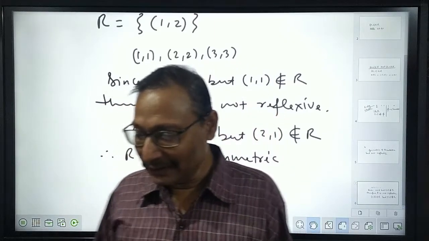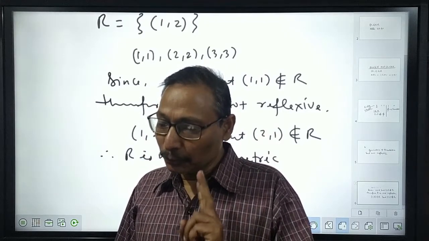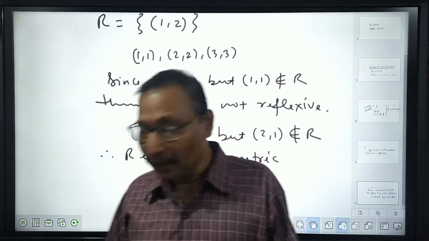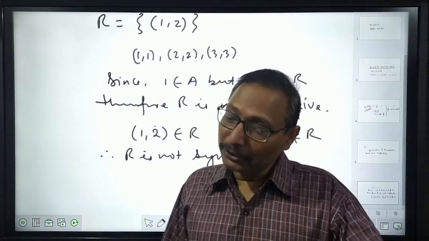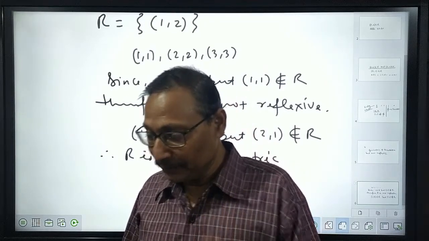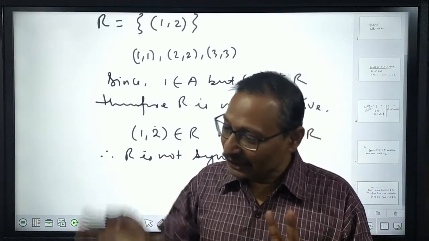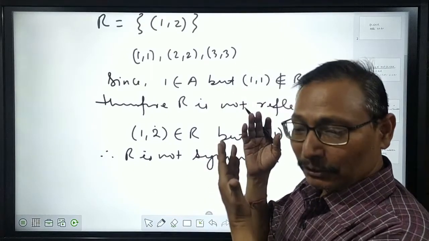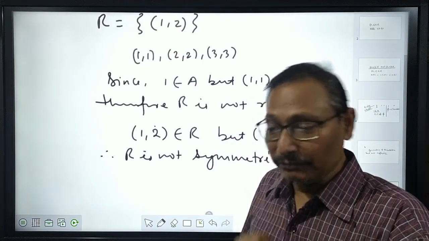What I told earlier, that to show transitivity, we are to pick two pairs from the given relation. Not only this, we are to pick such two pairs in which the second element of the first pair must be the first element of the second pair. But here we are unable to pick two such pairs because this relation is containing only one pair.